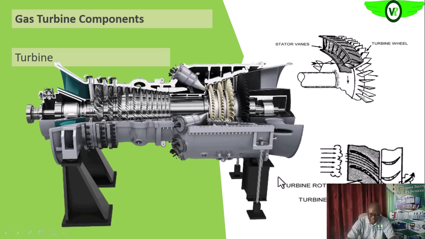So that is how basically the turbine converts the chemical energy that is contained in the fuel to rotating mechanical energy. By way of recap, the gas turbine is also like the internal combustion engine or the four stroke engine.